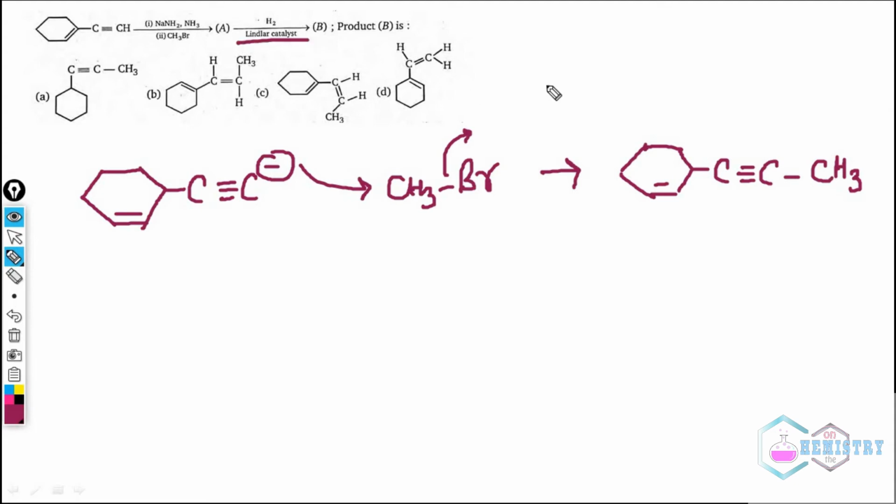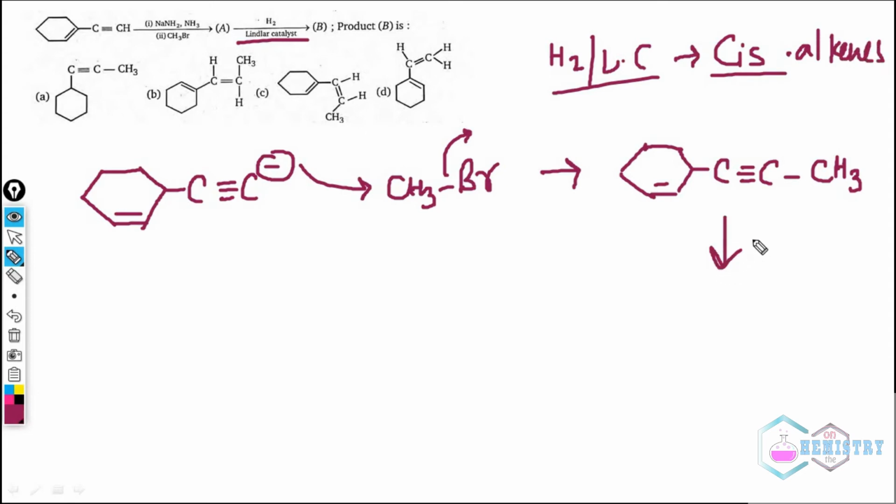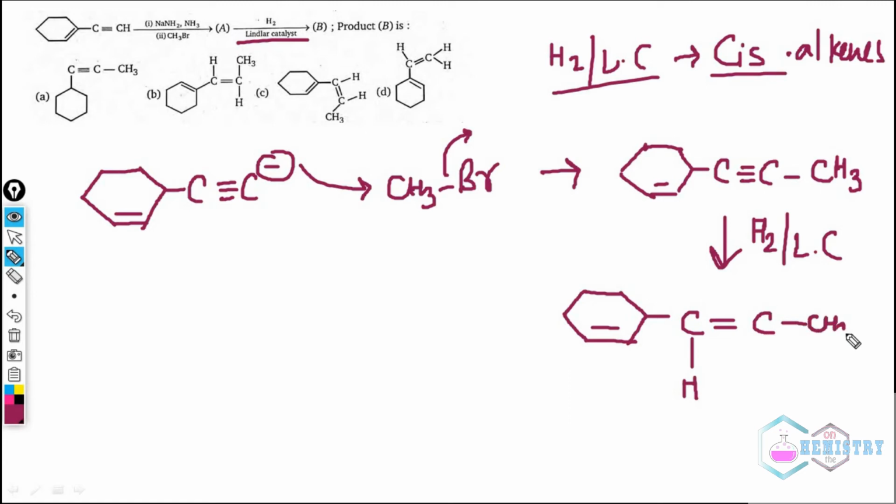Now, Lindlar catalyst. We have discussed in the first question that H2 with Lindlar catalyst will always form a cis alkene. So, on reduction with H2 and Lindlar catalyst, we will get a cis alkene like that: C, double bond, C, with CH3 and H on the same side.